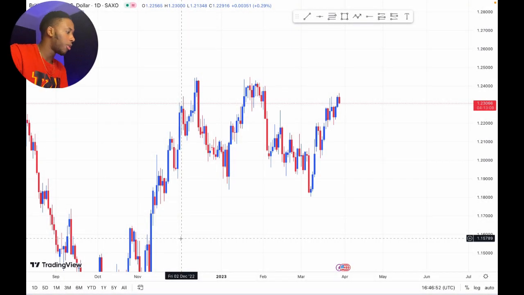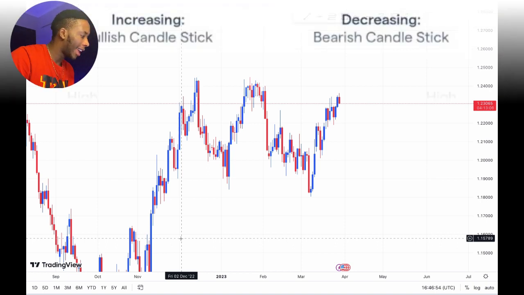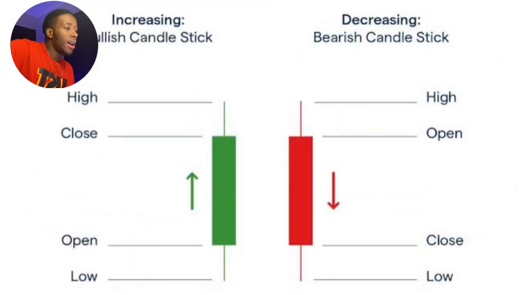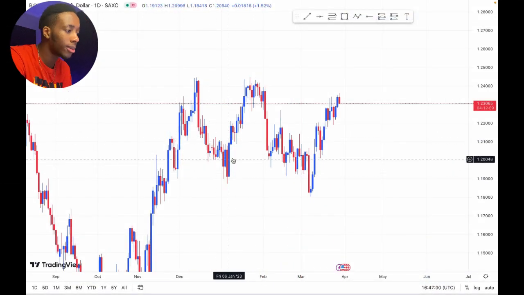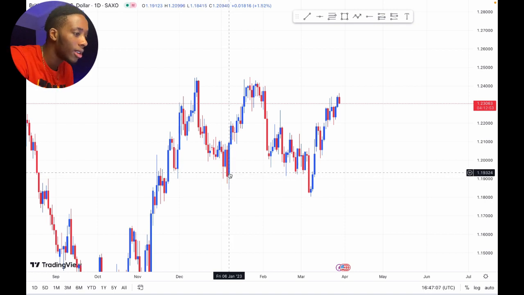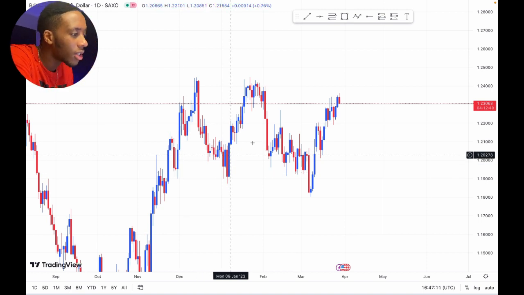Alright, so the first thing I'm going to teach you guys are candlesticks. Candlesticks are basically what you're seeing on the chart now. They represent price movements at certain price points, right? Let me not get into the definition. So these are candlesticks, right?